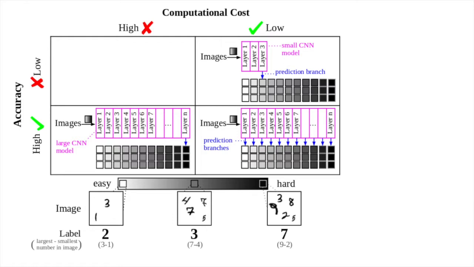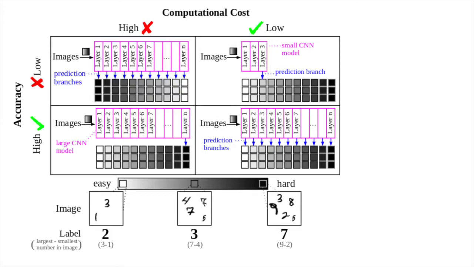If the model can detect the easy samples at an early stage, we don't need to propagate the samples to deep layers. In this way, high accuracy and low overall computational cost can be achieved at the same time. But if the model cannot tell the easy samples from the hard samples, the accuracy and the computational cost can both be bad.